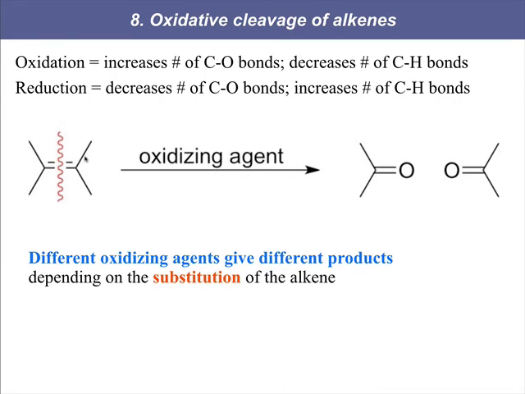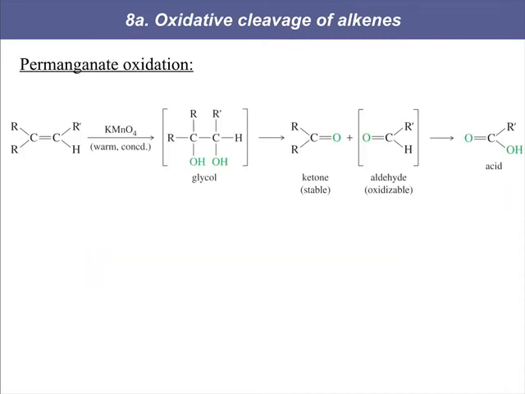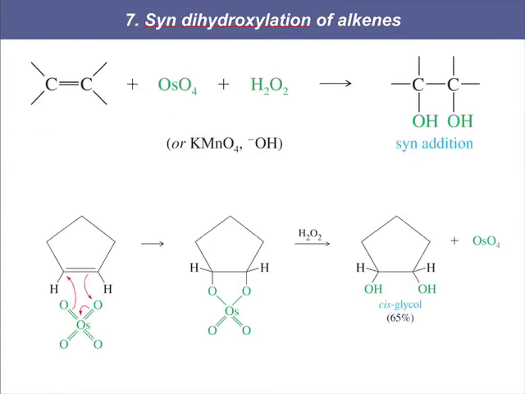So it's oxidative cleavage. Now I'm going to show you that different oxidizing agents give different products depending on the substitution of the alkene. Here's what I mean by that. Here's our old friend KMnO4. Before, we used KMnO4 to make syn addition of alcohols.